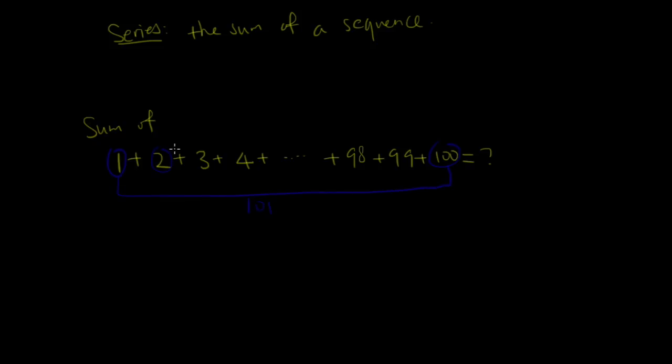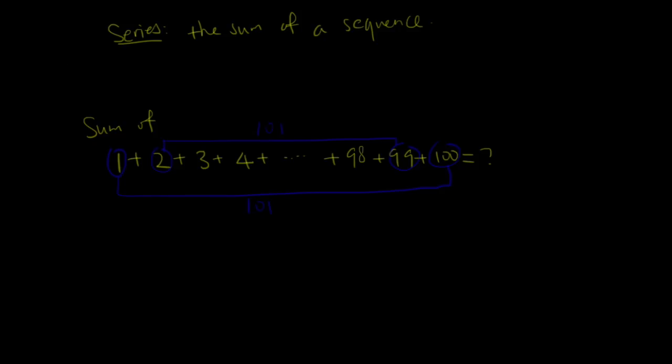And if you add the second number and the second last number, you will also get 101. So if you pair up all these numbers like this, you will get the same sum for all the pairs in the whole sequence.